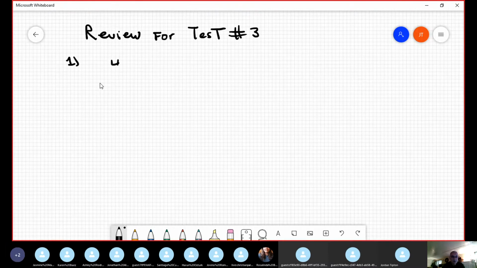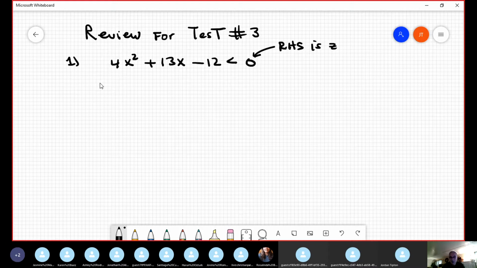It says 4x squared plus 13x minus 12 less than 0. It's an inequality. Polynomial inequality. What should I do? Well, the right hand side is 0. Nice. I love it. The right hand side actually is 0.